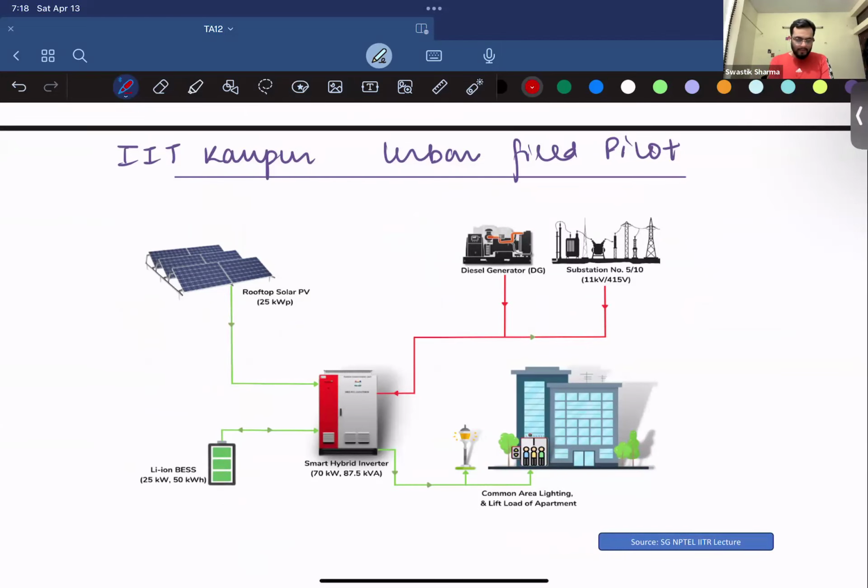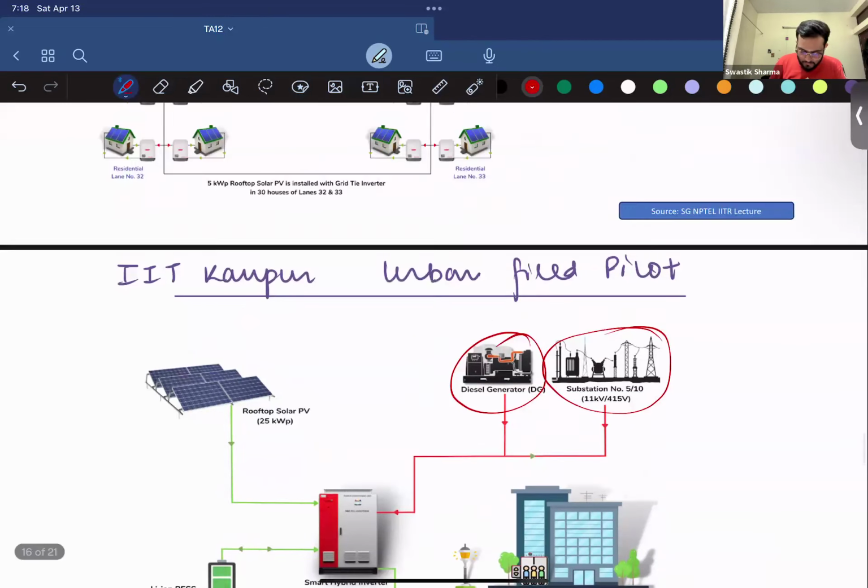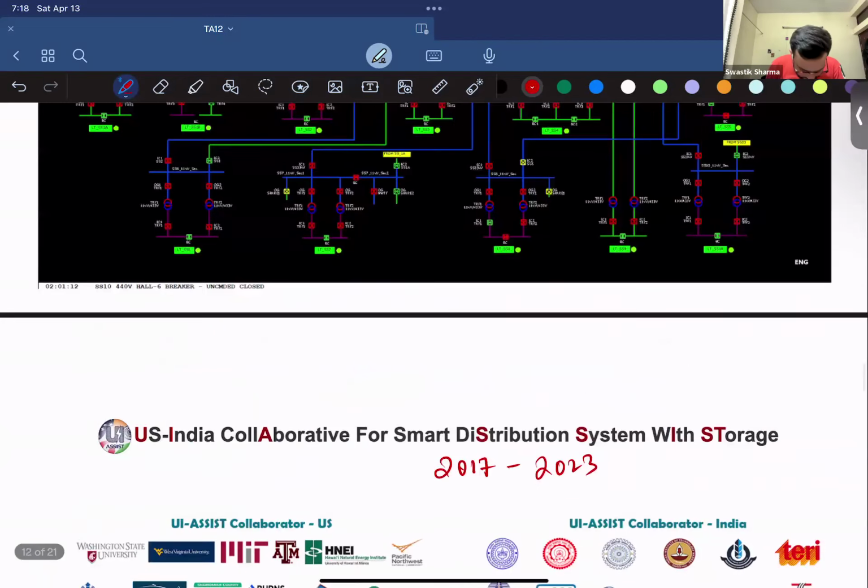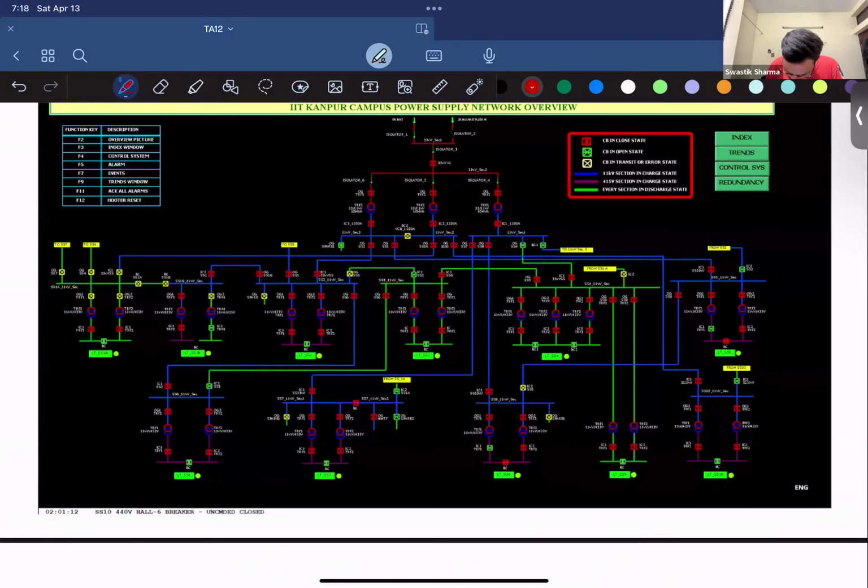In an urban field pilot, you want to have electricity available for critical loads, right? So there are critical loads available at your apartments as well. You can see that earlier this diesel generator in the substation, this 5 by 10, let me search for it.